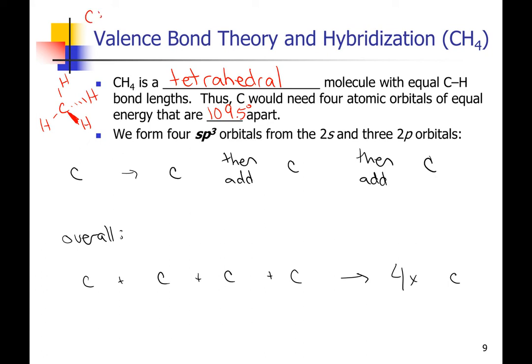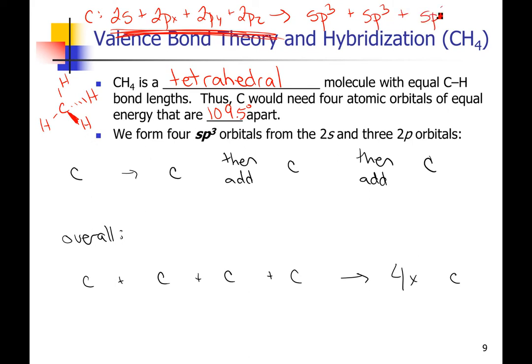And so if our carbon starts off with those 4 valence atomic orbitals, they are all going to combine to make 4 hybrid atomic orbitals. And since there's an s and 3 p's in each of them, they are all called sp3 hybrid atomic orbitals.